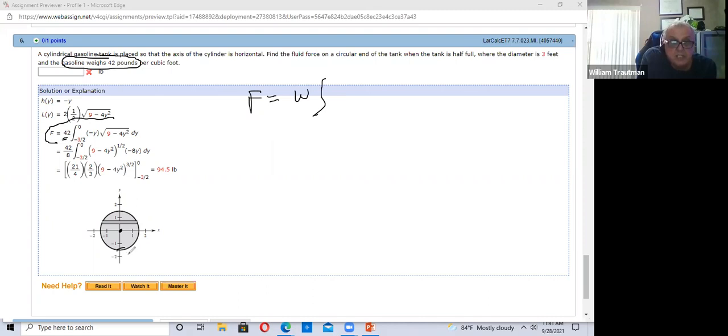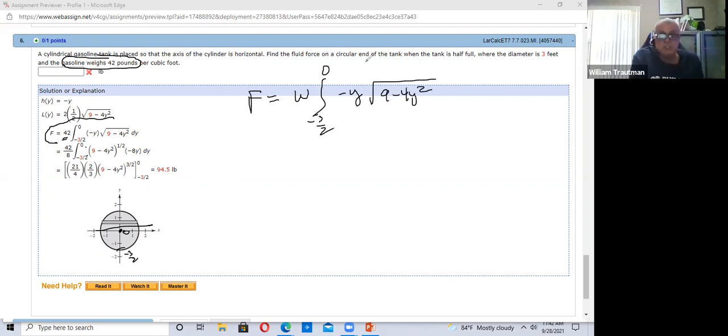Down here is -3/2, but we're integrating from -3/2 to 0 because it's only half full, from -3/2 to y0. And then we had -y below there, and we had the 9 minus 4y squared.